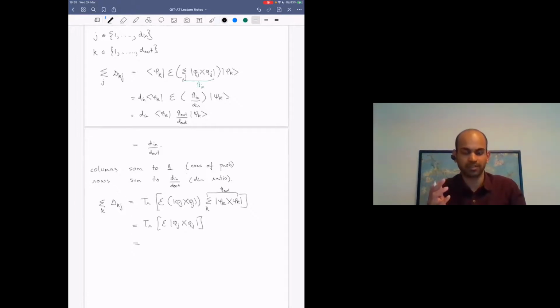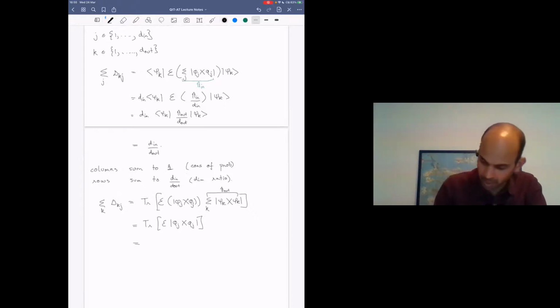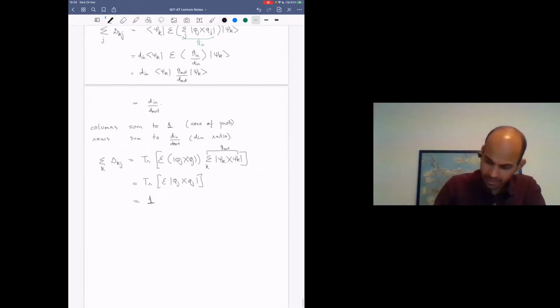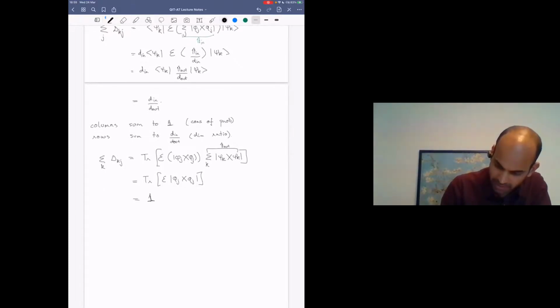So it's going to give us in the end a valid quantum state. And since it's a valid quantum state, the trace of that state is 1. So this is equal to 1. And so what we've shown, therefore, is that d_kj is doubly stochastic, which implies that it's a noisy classical operation.